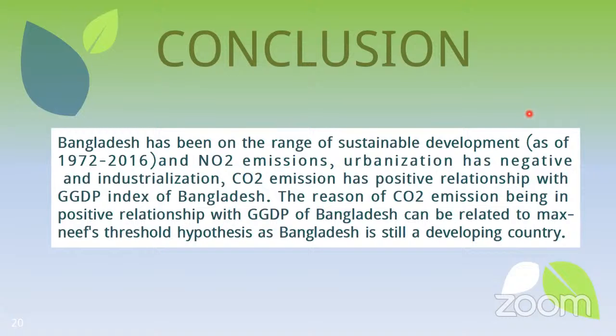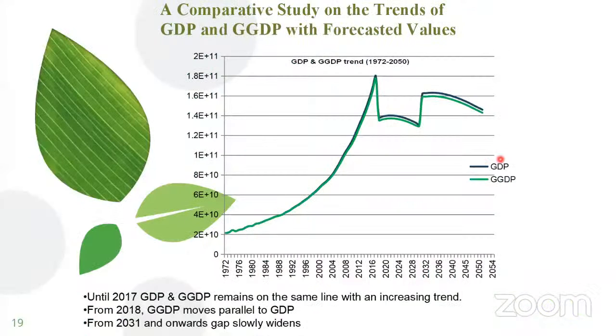But when we have another graphical estimation for GDP and green GDP up to 2050, we can see that until 2017, green GDP and GDP go in the same line, but after 2018 and from 2030, there is a gap between green GDP and GDP. That means green GDP shows a lower position and GDP goes to a higher position.